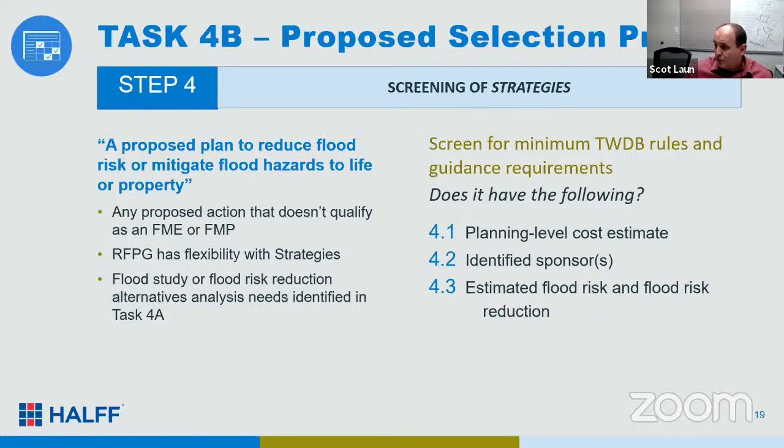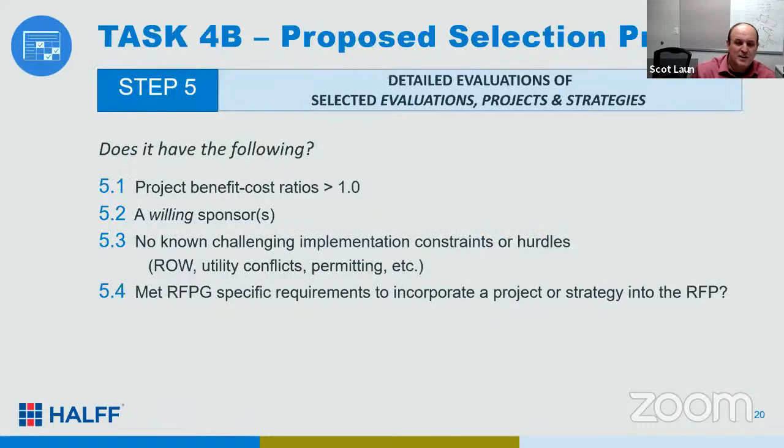So based on these, we go to the more meat of the data, which is the next slide. The more meat of the evaluation. We'll go through each one of these and look at a project benefit cost ratio. It needs to be above 1.0, and there's a detailed spreadsheet that's included, detailed directions in the Water Board guidance that we'll follow that allows us to get a consistent benefit cost ratio.